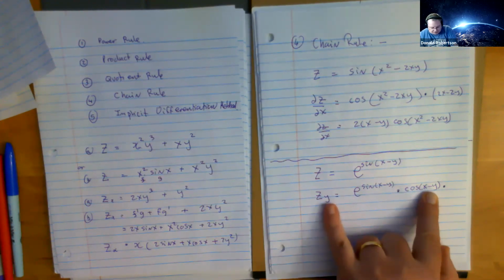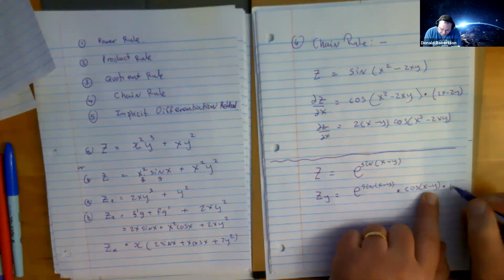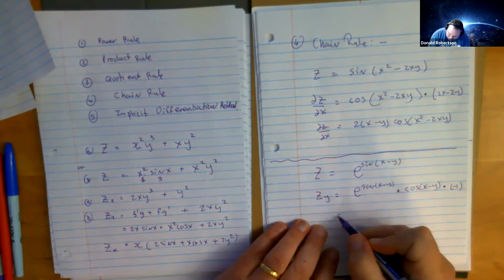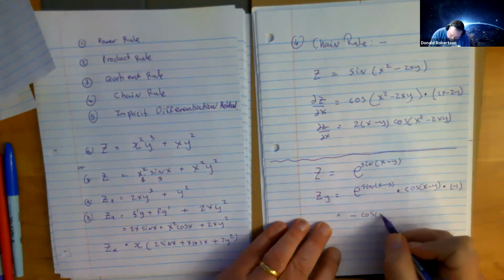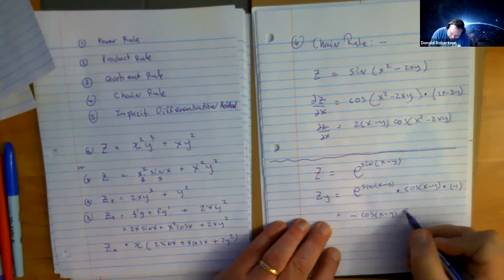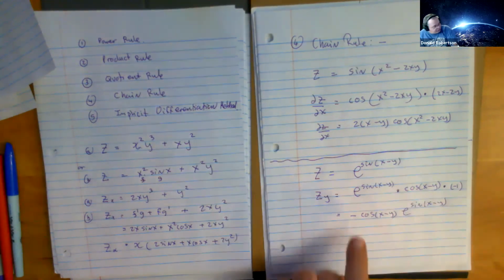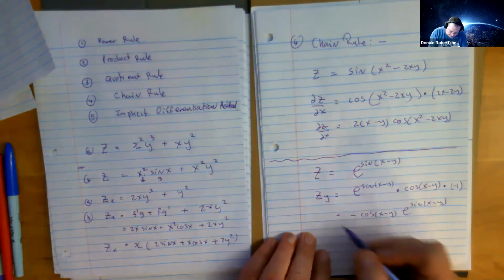Now, with respect to y, isn't the derivative of x minus y the number -1? Now, if you put them together, you go negative cosine of x minus y, e to the sine of x minus y. Do you see my convention of simplest to ugliest? And that would be the way that you would typically write that.